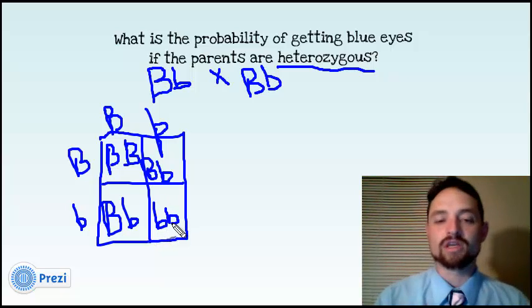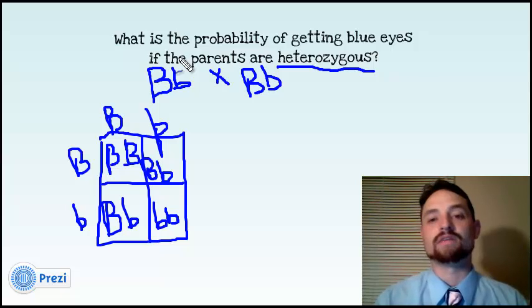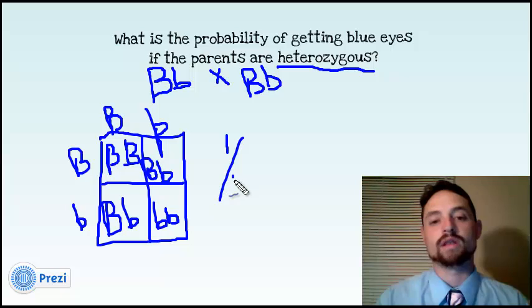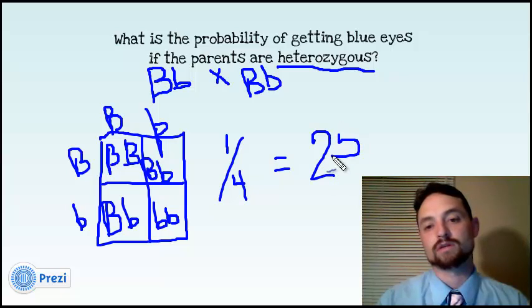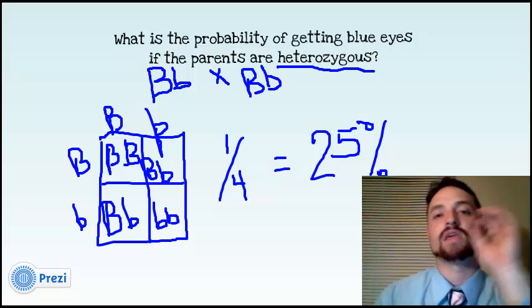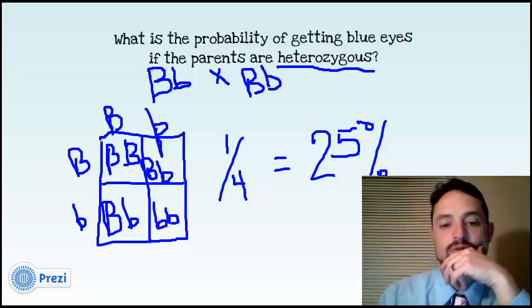So now when we look at these, we've got brown eyes, brown eyes, brown eyes, blue eyes. We go back and look, it says, what's the probability of getting blue eyes? Well, the probability of getting blue eyes is 1 to 4, or we could also say 25% chance of us getting a blue-eyed individual.